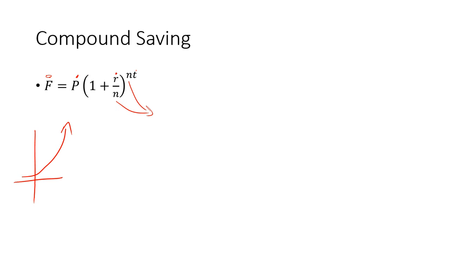N is the number of times a year you're compounding this rate that you have. Okay. So sometimes you'll hear, okay, it's compounded weekly, or compounded daily, or compounded monthly, or bi-monthly, or tri-monthly. I mean, it depends on whatever the situation is.